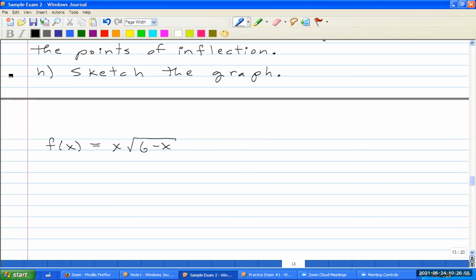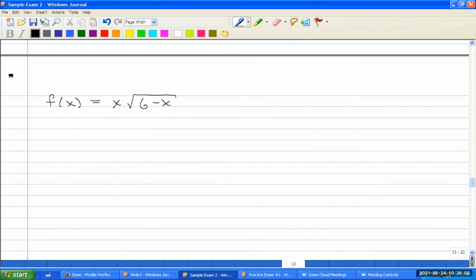Okay, good. So let's do this. So A, let's determine the domain of my function. Well, this is a square root. And so to find the domain, I just want whatever is inside the square root to be non-negative. And so I want x here to be less than or equal to 6.